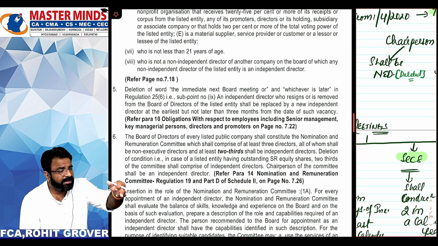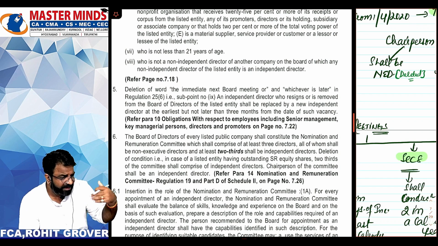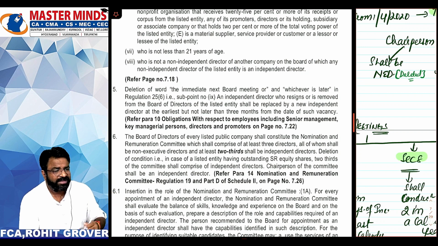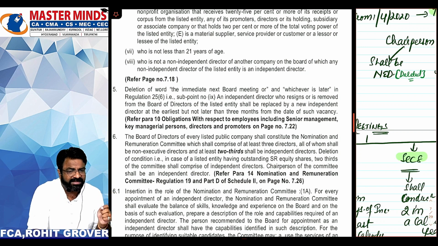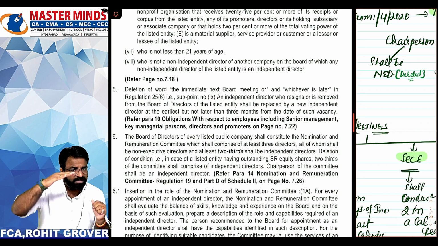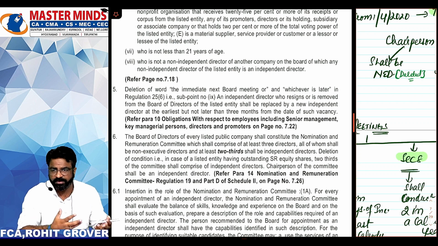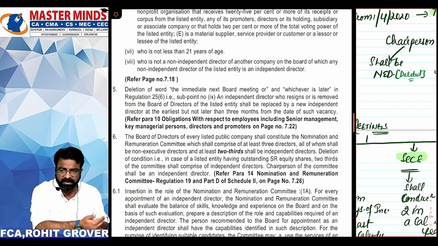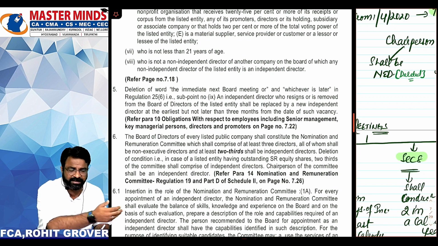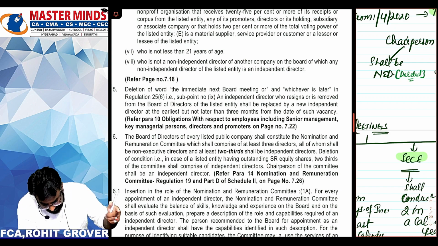In the independent director point, in the board of directors, you go to the end of this. What if an independent director dies, resigns or is removed and the minimum requirement has fallen short? I told you that his new appointment has to be done in the next 3 months or in the coming board meeting, whichever is later. Now that point has been changed.